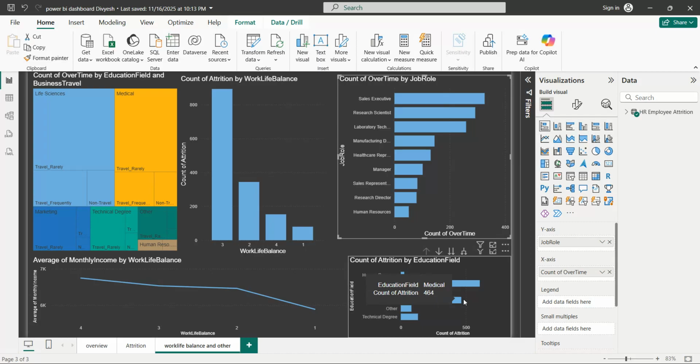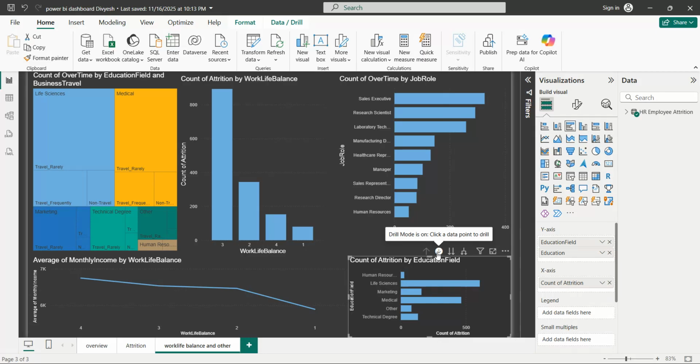So coming to next, that is the count of attrition by the education field. So as we can see, life sciences have the highest attrition, followed by medical, and marketing and technical degrees have moderate attrition, and HR and other fields have the lower attrition.